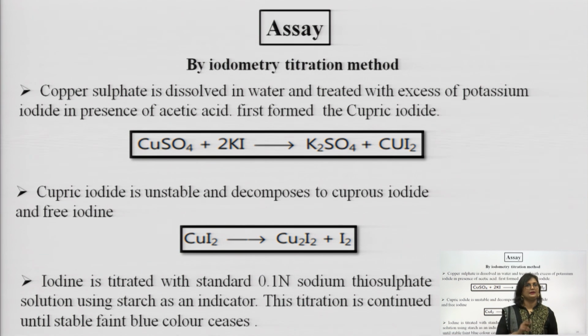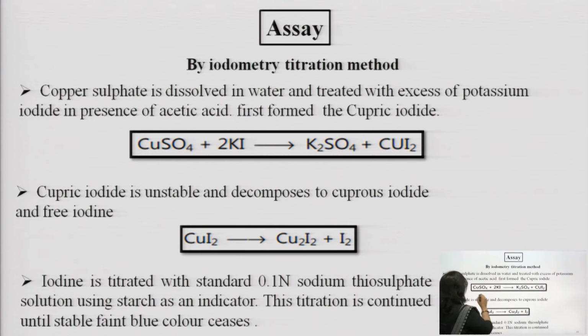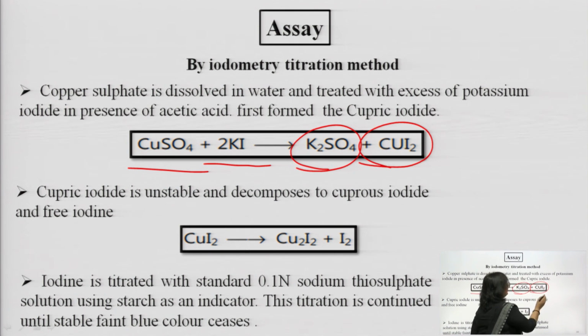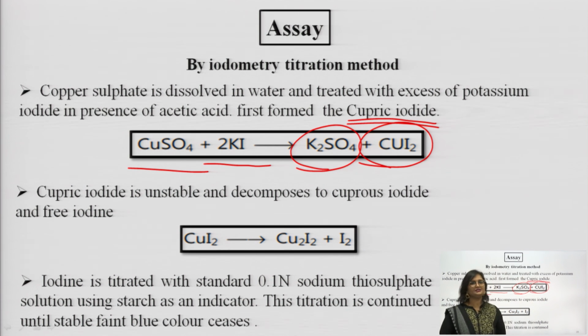Copper sulphate can be assayed by iodometric titration. Iodometry, as we all know, is a two-step, indirect titration method. Copper sulphate is first made to react with potassium iodide so that potassium sulphate and cupric iodide are formed.